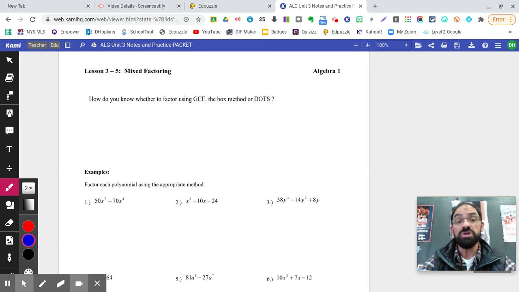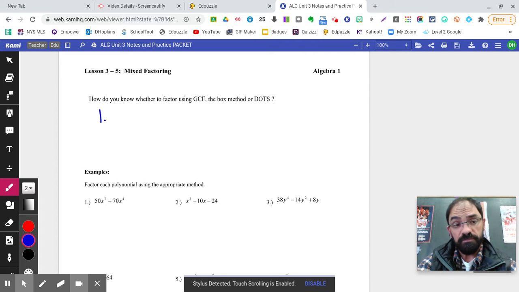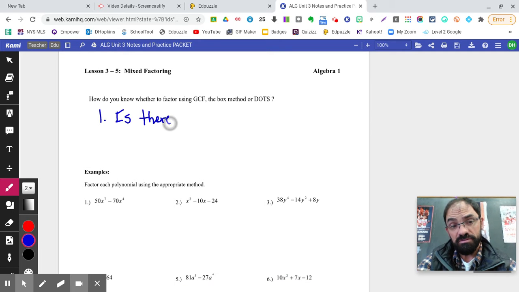So it says, how do you know whether we are factoring or using the box method or it's the difference of two squares? Well, the first thing you always have to do is look to see if there's a GCF. If there is, factor it out. Otherwise, it's probably a trinomial.